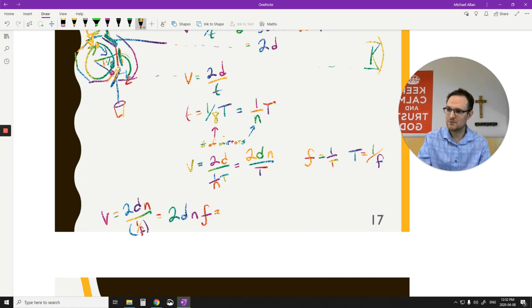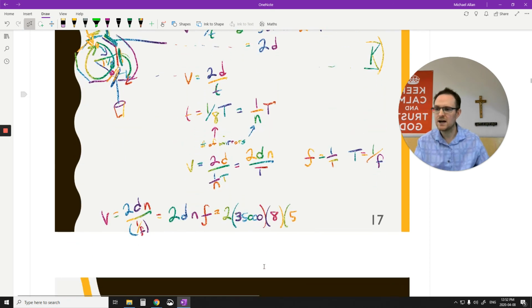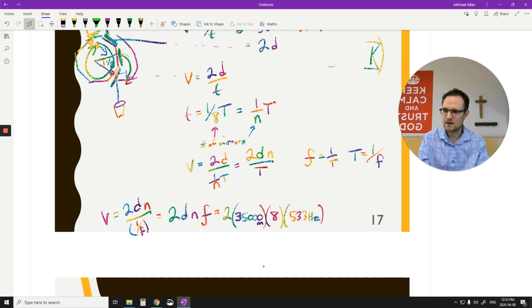So I'm going to put all my numbers in here and see what we get. You get 2 times the distance, which is 35,000. This is before I times by 2, times the 8, times the frequency. In this question, it says 533 meters.